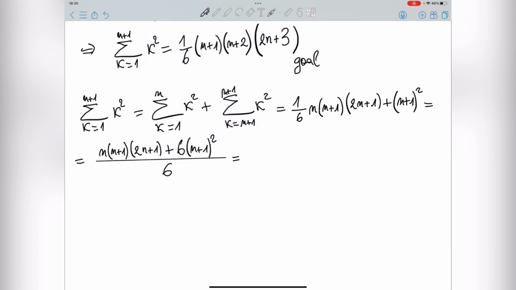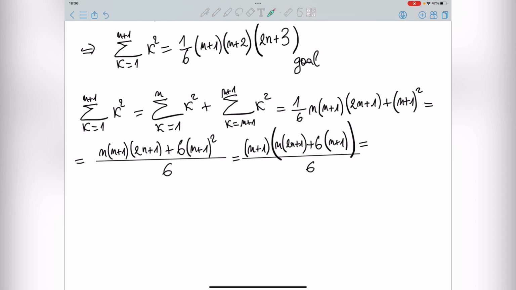Now we have a factor n plus 1 here and n plus 1 here, so if we factorize, we have n plus 1 times, here we're going to be left with n times 2n plus 1, and here we're going to be left with 6 times n plus 1, over 6.